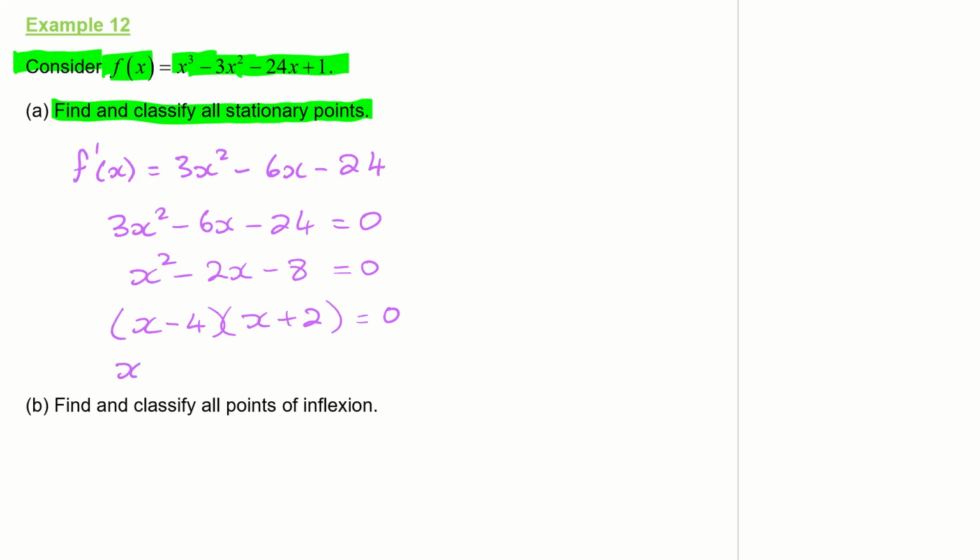And so we would have x is negative 2 or 4. Substituting negative 2 back into f of x gives us the y coordinate, and we'll find that that is negative 2, 29. And substituting 4 into f of x gives us 4, negative 79.